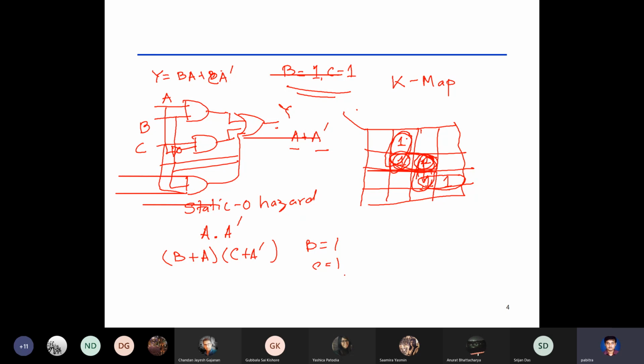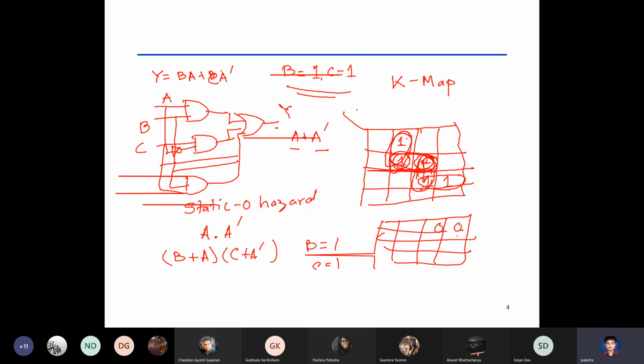This is also very easy to check using Karnaugh maps. What you actually do is that instead of looking at the minterms, you look at the maxterms. Look at the zeros. And the rule is the same.